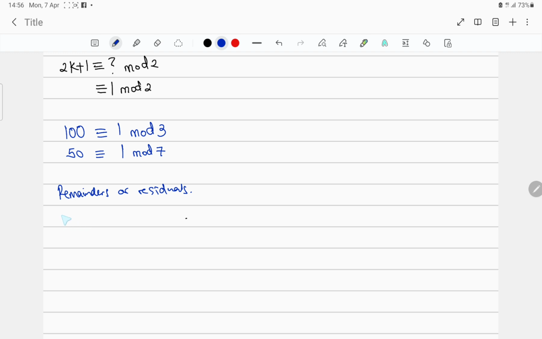So given n, which is a positive integer, the set of positive residues is such that we consider 0 as a remainder, 1, 2, up to n minus 1.